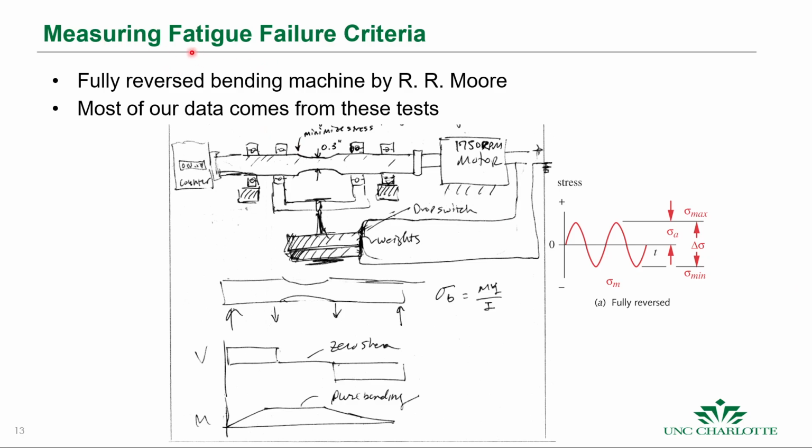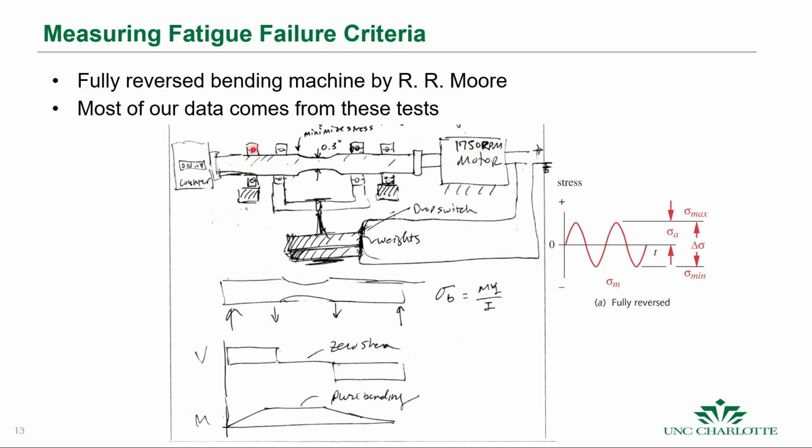So how do we measure fatigue? R.R. Moore came up with the Moore test machine, and it is a test where you have a 0.3 inch radius specimen here. And this shaft is spun by a motor that runs at 1,750 RPM.